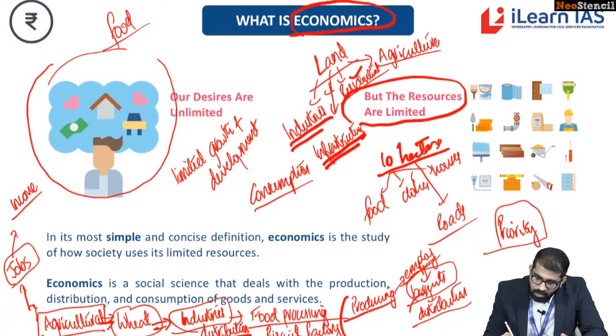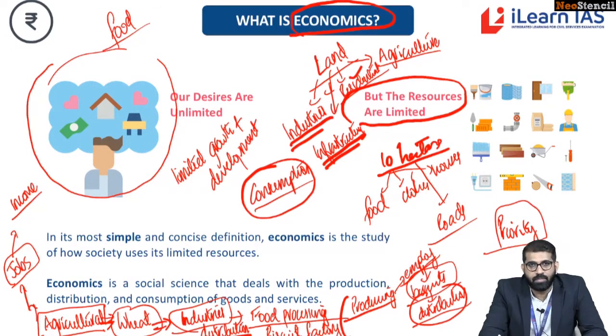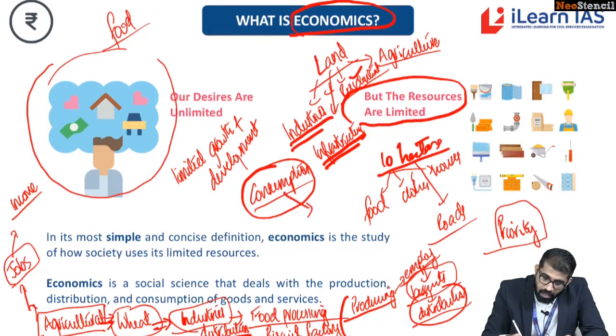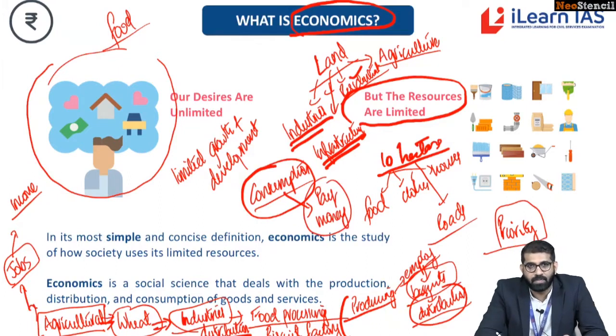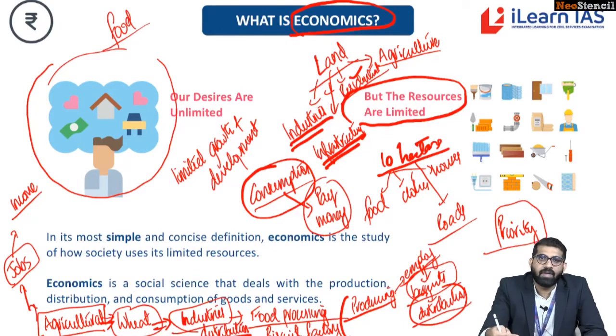Now in order for the consumption, or consuming biscuit, what is required for the consumer? Will they be able to purchase biscuit for free? No. They will have to pay money for purchasing the biscuit, right? Now how do they get money? The money that they have to purchase biscuit comes from the productive activity that they carry out.